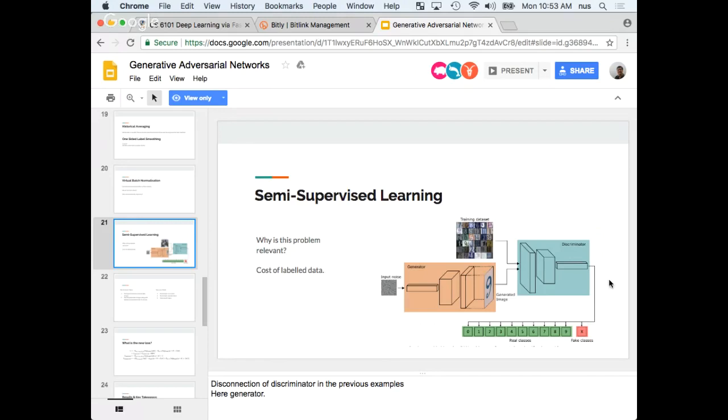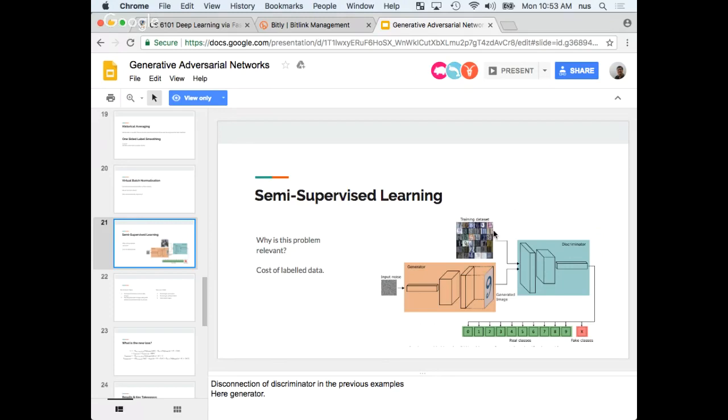Basically, the discriminator would have the task of not only identifying whether the image is real or fake, but at the same time it would have to label the data, given a training data set which has the corresponding labels. That makes sense.